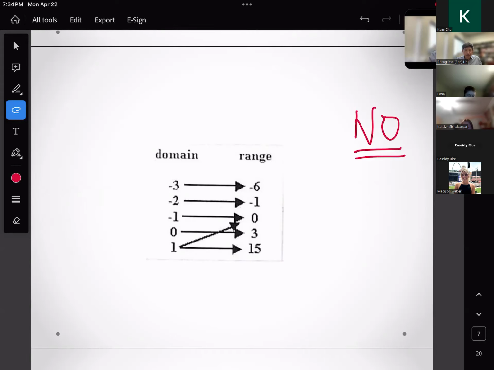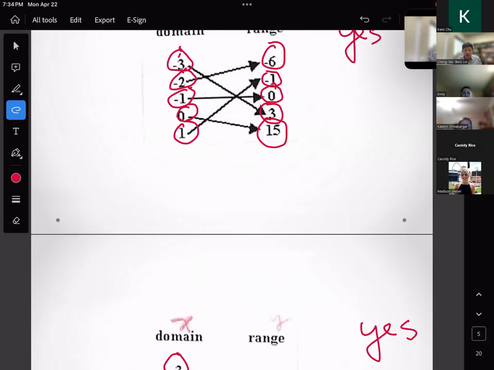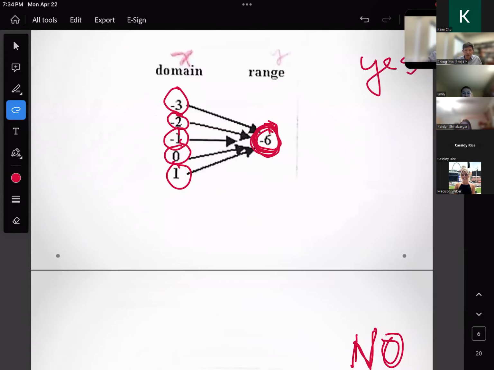Why? Each domain finds a range, but now one domain finds two ranges. Oh no. So therefore, no. You cannot find two ranges. You can only find one range. Does that make sense? Like this, you find one range. Okay, yes.